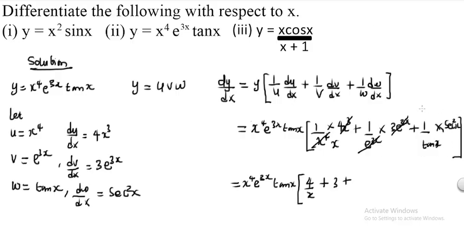So trying to simplify this on the side, I get 1 over tan x is simply cot x, which is simply cos x over sin x, times 1 over cos square x. So that I have cos x can cancel out cos here, so that I have 1 cos left.